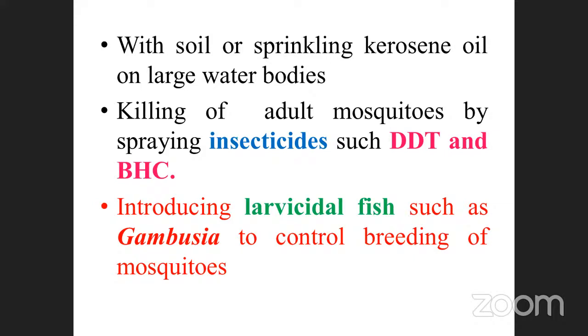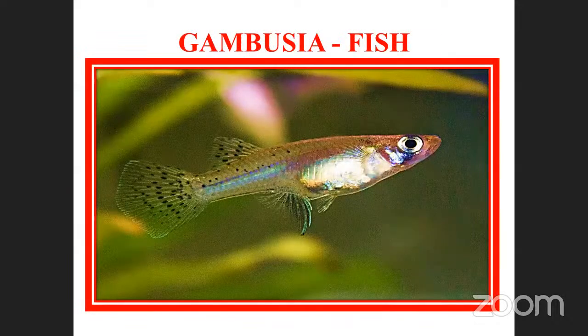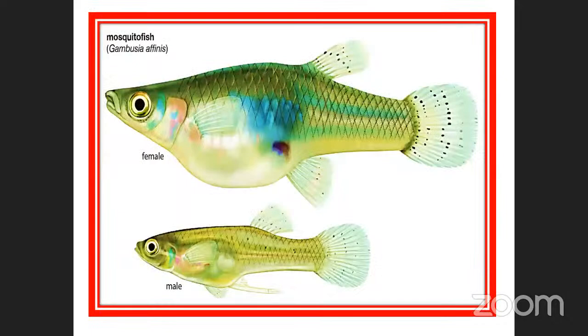We already discussed that. Killing adult mosquitoes by spraying insecticides such as DDT and BHC. Using larvicidal fishes such as Gambusia to control the breeding of mosquitoes. So these are the ways the malarial parasite is controlled. We already discussed that, isn't it?